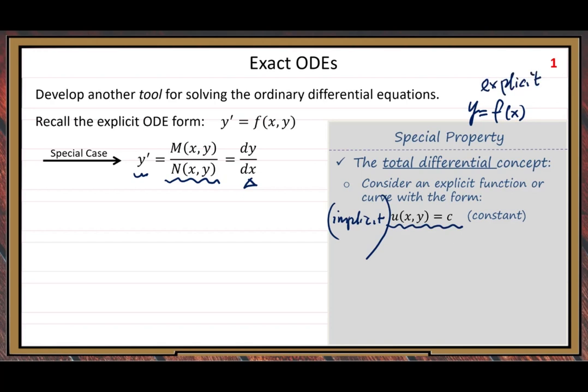But many times we cannot convert an implicit function to an explicit function. Very hard, impossible to do that conversion.